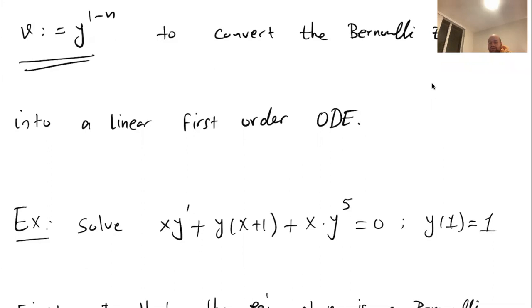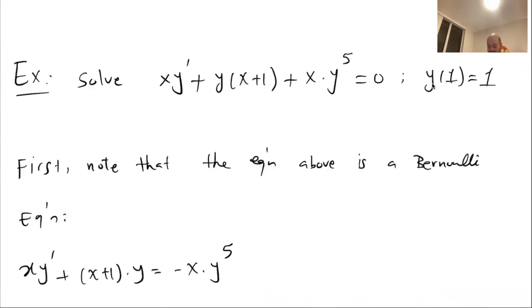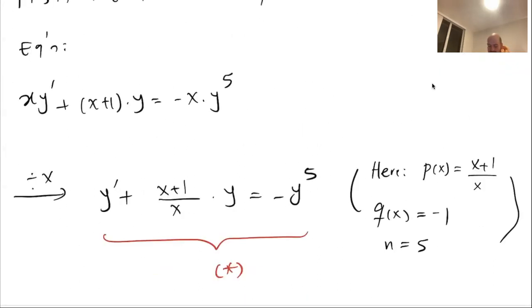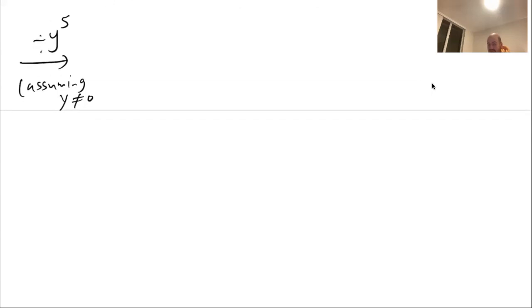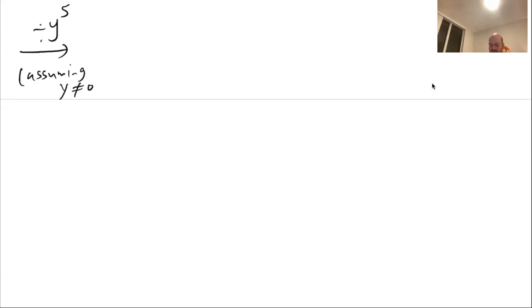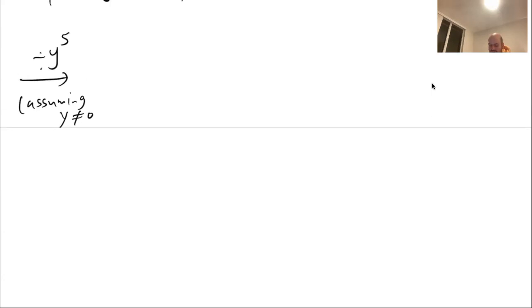But we know that at some point y is 1. So it's not an assumption; it's a fact that y is not 0, because according to the initial condition, y of 1 is 1. So y cannot be the constant function 0.